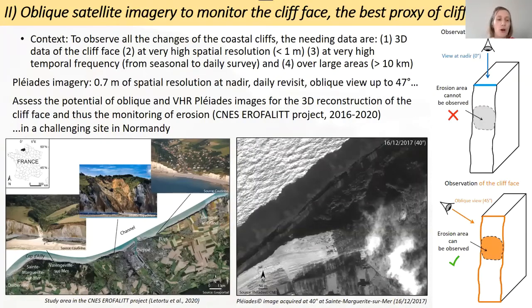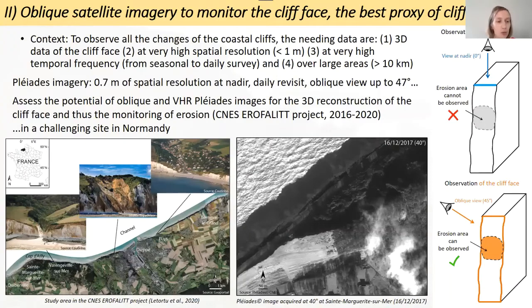Since the launch of the Pleiad satellites in 2011 and 2012, it has been possible to access spatial imagery with a resolution of 0.7 meter at nadir, with a daily revisit, with a swath of 20 kilometers, and with an oblique view up to 47 degrees, making it possible to observe the cliff face in a new way and at preferential price for research.